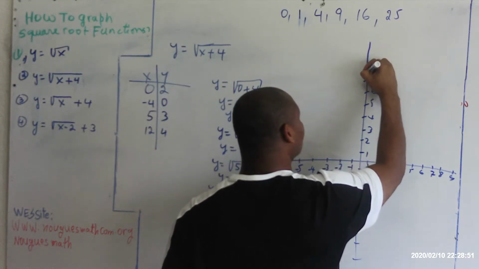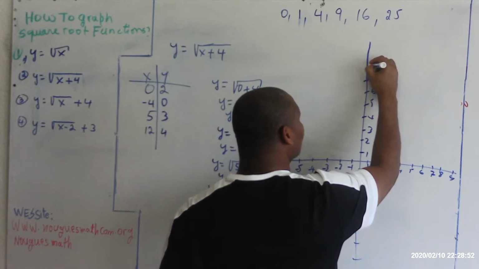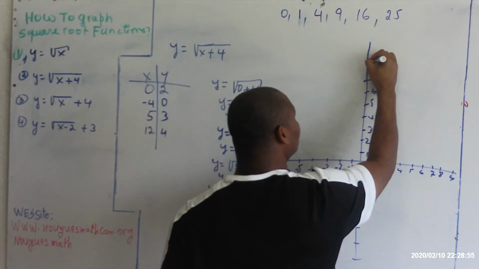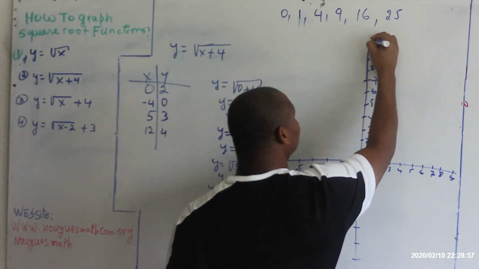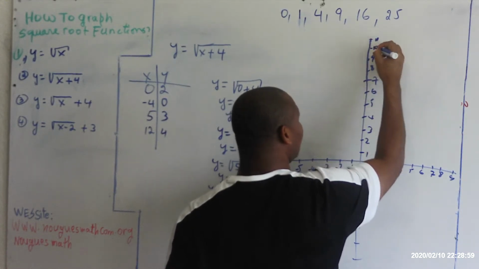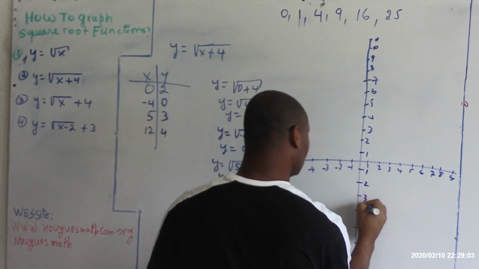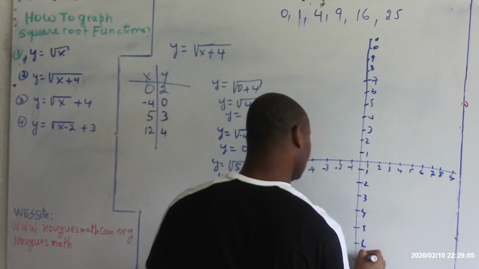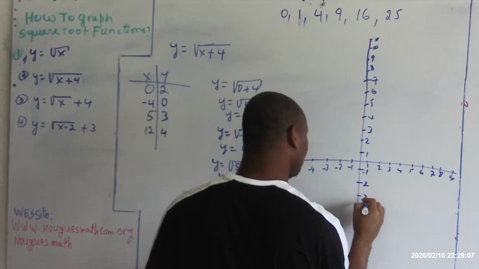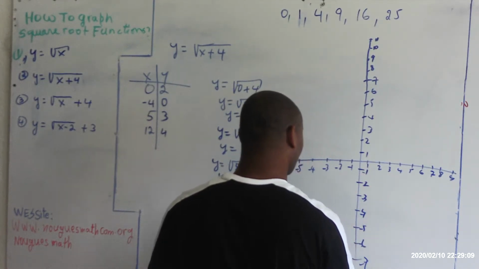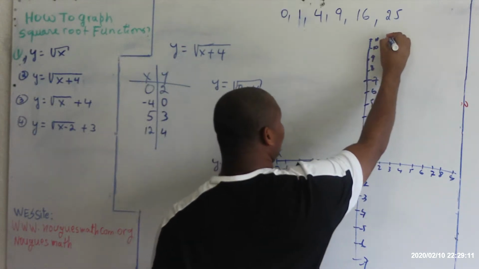I have to put more, 8, 9, 10, 11, 12. So this is the X, this is the Y.